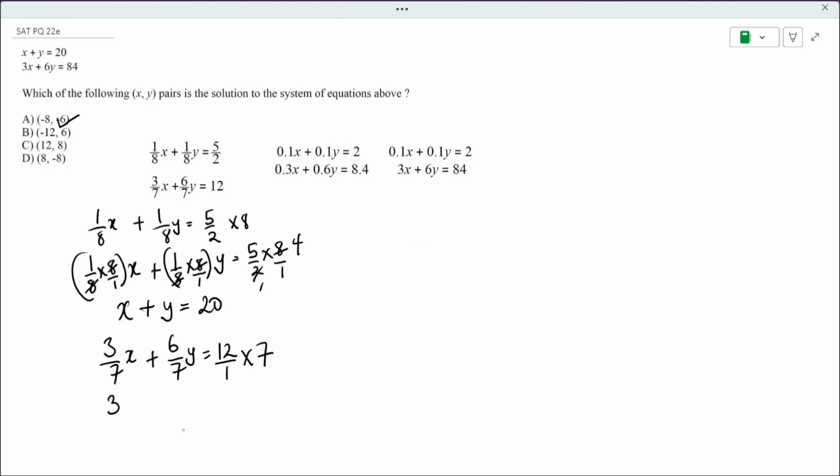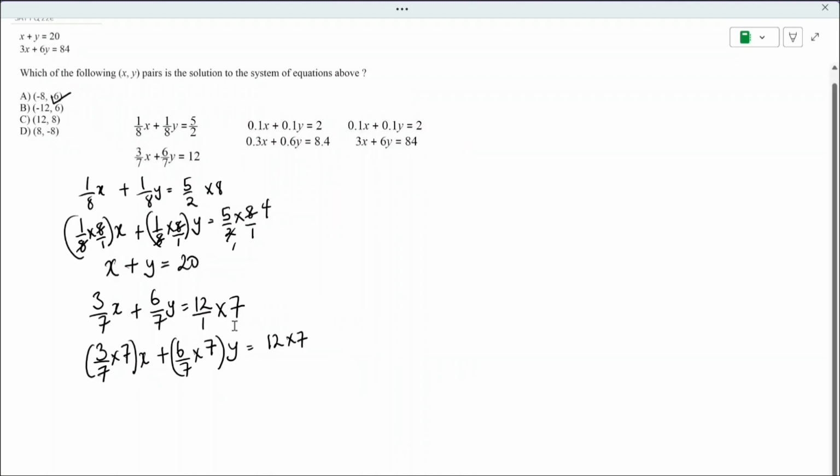You'll be having 3 over 7 times 7. You put in brackets, you have x plus 6 over 7 times 7 in bracket y equals 12. You can leave it as 12 over 1 or 12 times 7. Still the same thing. Since the 7 doesn't come as a fraction, you can leave it as 12.